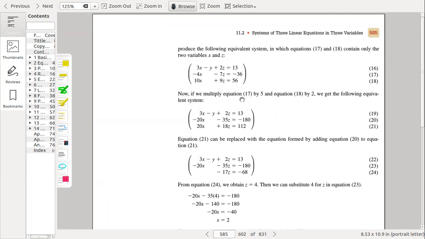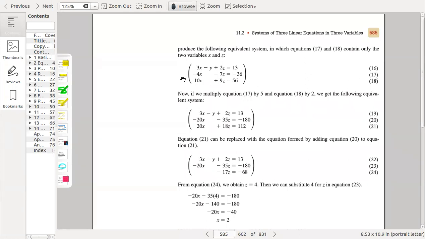Now if we multiply equation 17 by 5 and equation 18 by 2, we get the following equations. So we can multiply 17 by 5.